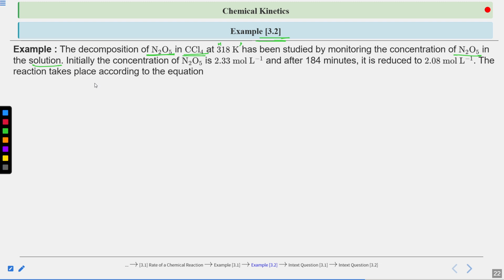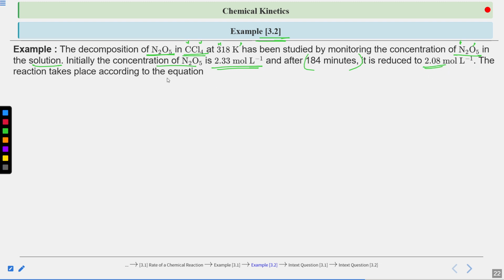So the N2O5 is decomposing in CCl4 at this particular temperature, and this has been studied by monitoring the concentration of this N2O5 in the solution. Initially the concentration of N2O5 is 2.33 mole per liter, and after 184 minutes the concentration is reduced to 2.08 mole per liter.